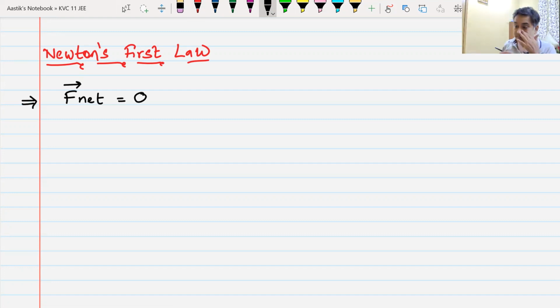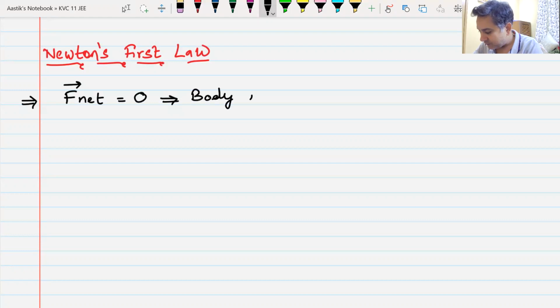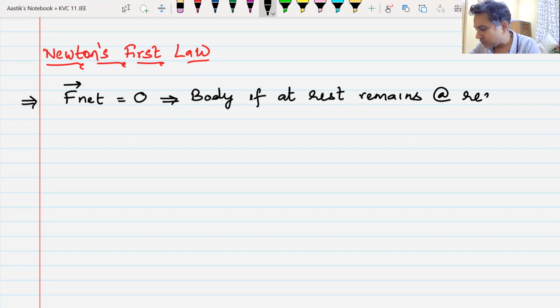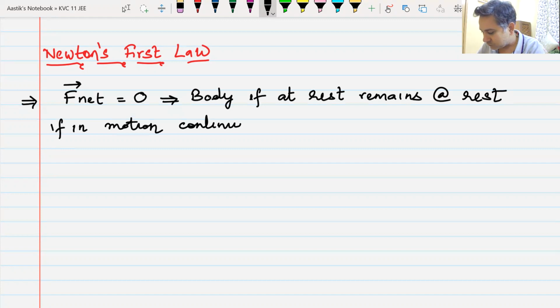Yes or no? If the net force acting on the body is zero, Newton's first law states that the body, if at rest, remains at rest. If in motion, it continues its uniform motion. When I say it continues its uniform motion, that means the velocity remains constant.